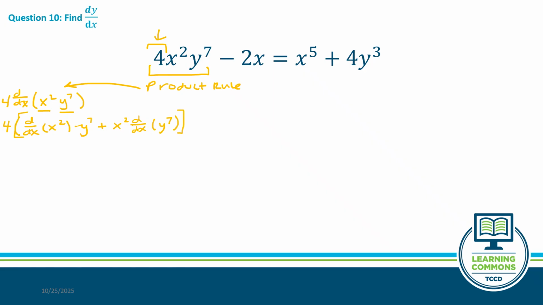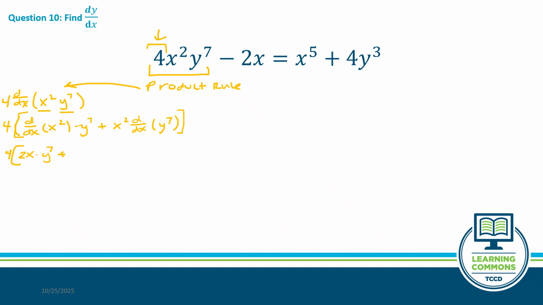Anyway, okay. 4 times d dx of x squared. That's regular differentiation, so it's just going to be 2x times y to the 7th. Cool, that piece is done.